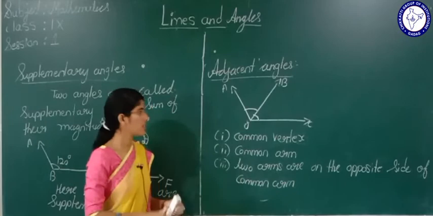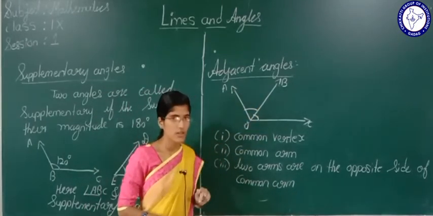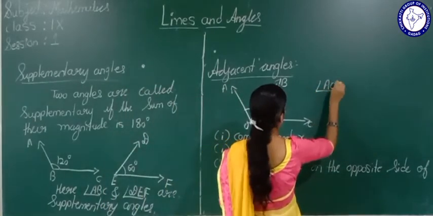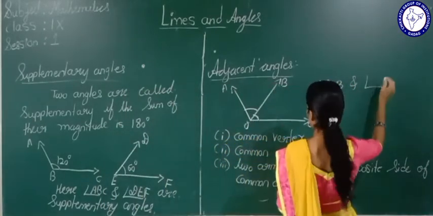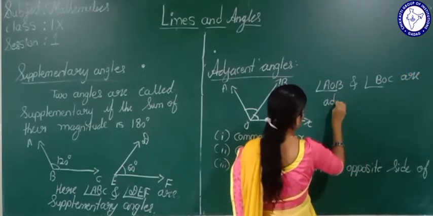See here, two angles are called adjacent angles. Okay, here I am going to tell angle AOB and angle BOC are adjacent angles.